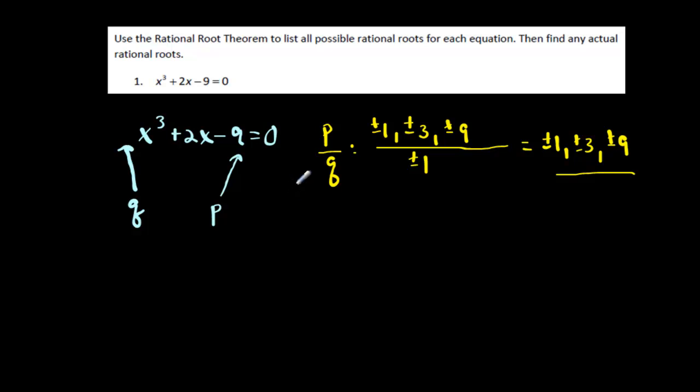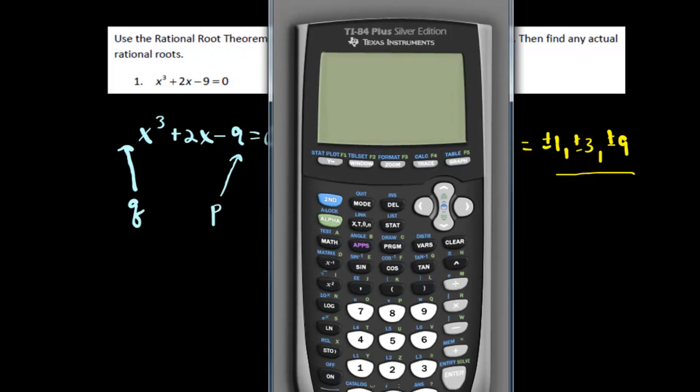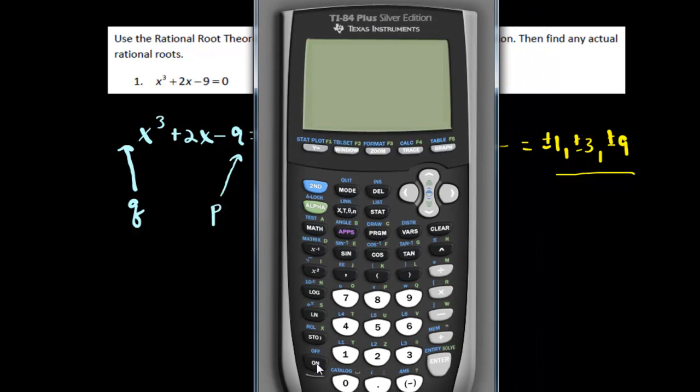Then they want you to find any actual rational roots. So what we want to do is graph this function, x cubed plus 2x minus 9, and then look at what this value will be to see if it matches up with any of these.